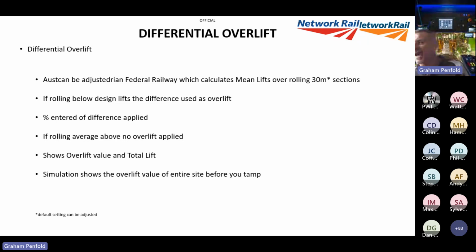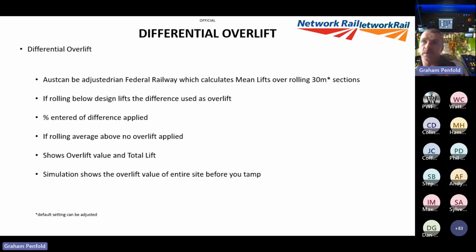Even if you've got a high area with only a 5 mil lift on, and you've got 50% in your overlift, you're still applying another half of that lift onto the high area, which you don't want to do. So the beauty of this is it doesn't apply overlift to high areas, and it takes into account the mean lifts, not just where you are, but either side. So it's a very smooth way of applying overlift. I think this is a really good method.